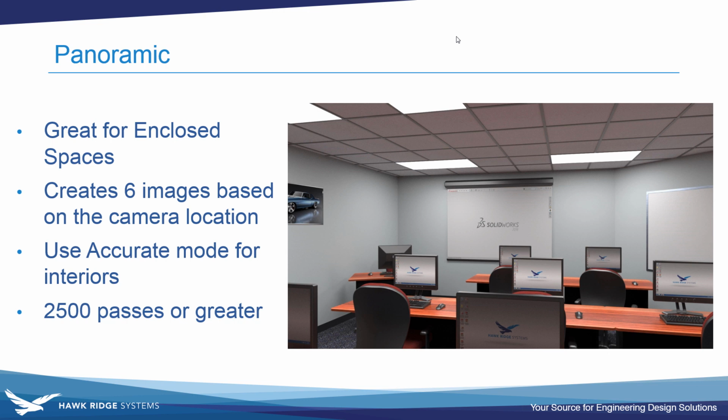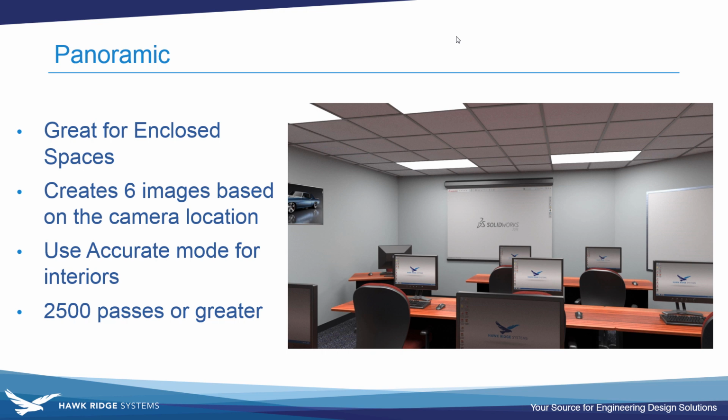I have a model of that. I put a camera in the middle of it, and I chose panoramic, and it creates 6 images based on the camera location, up, down, so all 6 images like the box of a cube, right? And then it stitches those together.